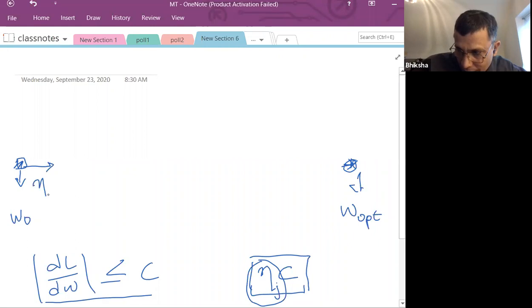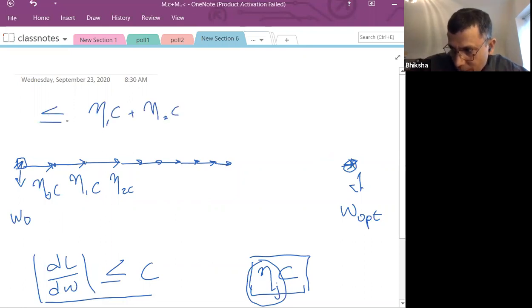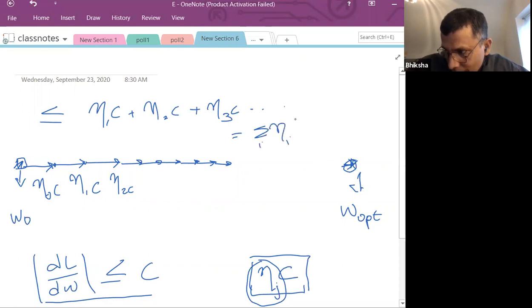It's going to be eta 0 C, right? Then the next one is going to be eta 1 C. The next one, this is the upper limit, is going to be eta 2 C. So what is the total change over all of my iterations? It's going to be bounded by eta 0 C plus eta 1 C plus eta 2 C, and so on, because C is an upper bound, which is the summation over i of eta i times C. Make sense?